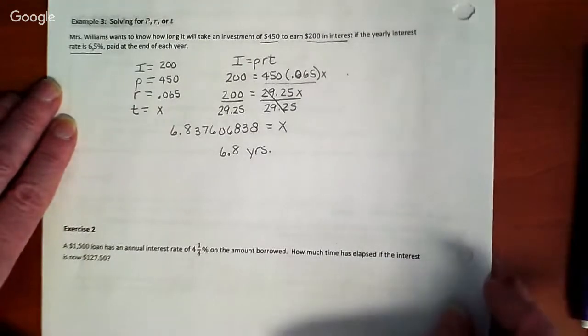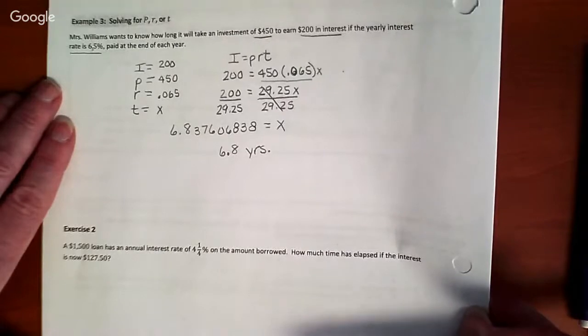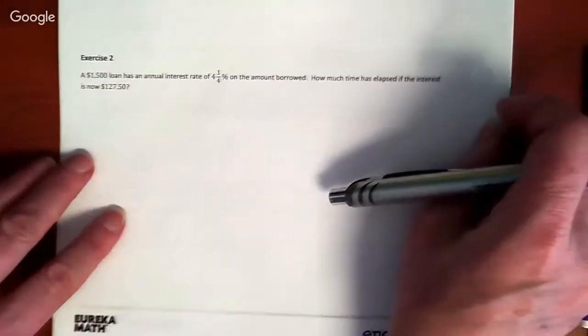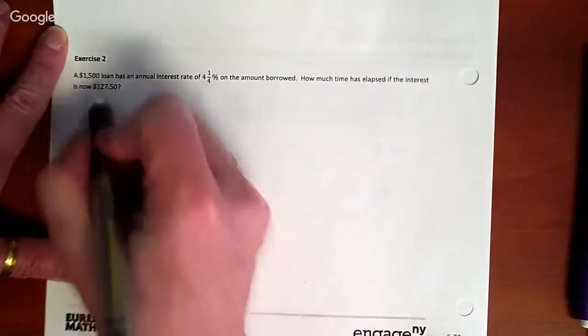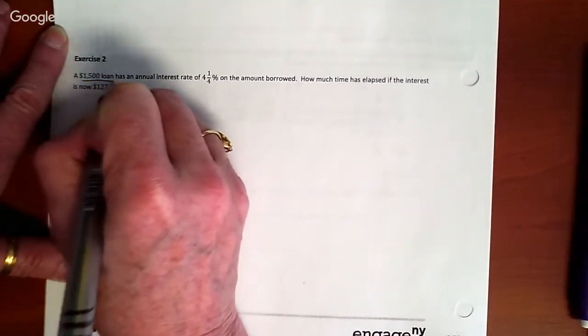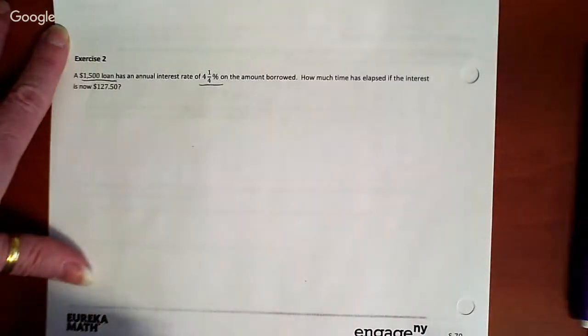Okay. Our last example, ladies and gentlemen, is this one. And it says a $1,500 loan has an annual interest rate of 4.25% on the amount borrowed.